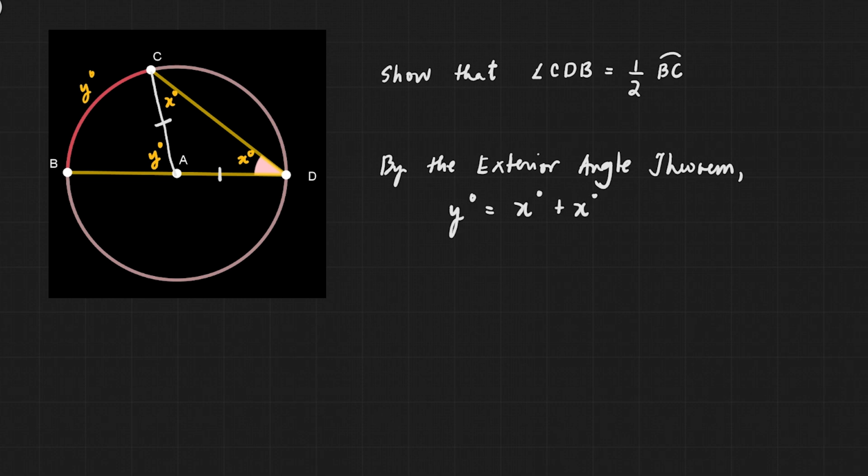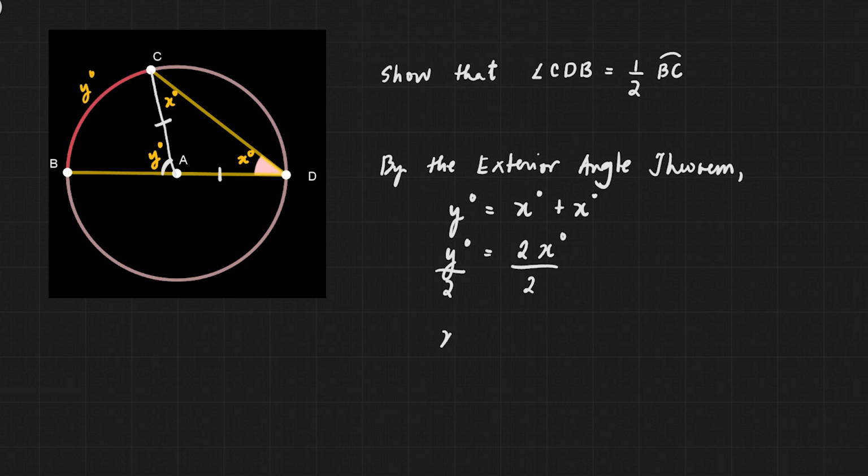Now, remember the exterior angle theorem? It says that this exterior angle, y, is equal to the sum of the two remote interior angles. So, it is equal to this remote interior angle and this remote interior angle. So, y is equal to x plus x, or y is equal to 2x degrees, and then divide everything by 2.